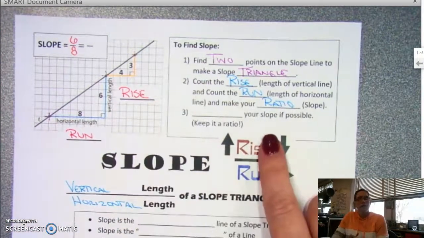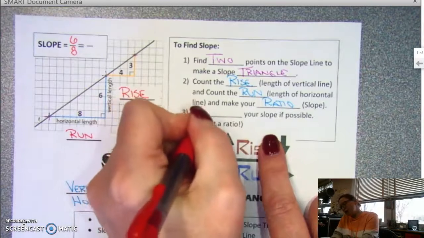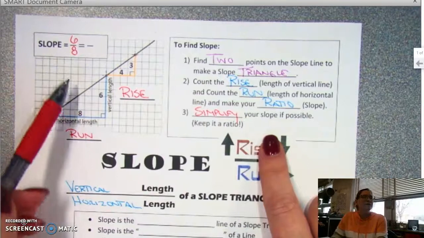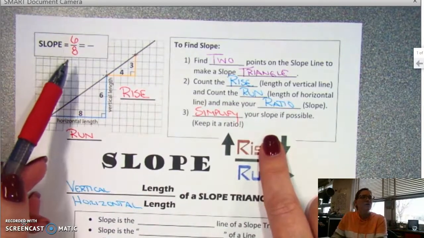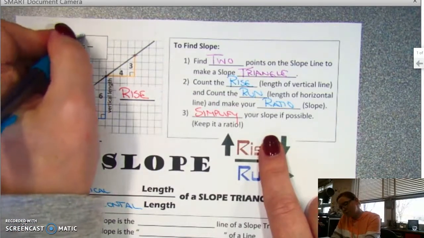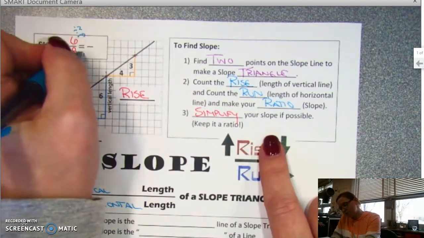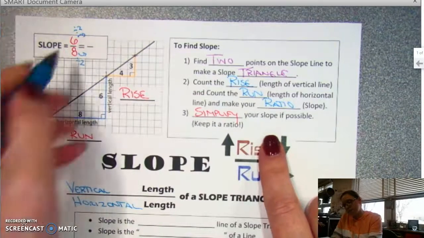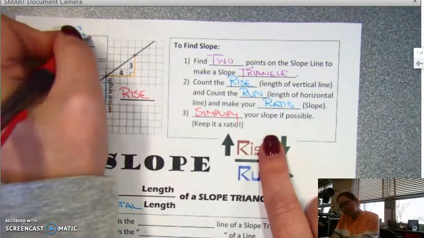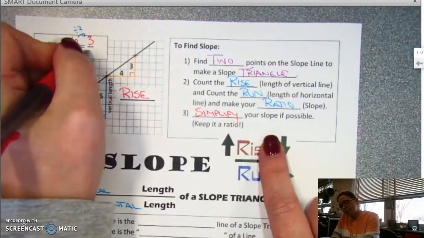And then the last part is to simplify your slope if possible. So I look at 6 and 8 and realize that these are both even numbers. So I should be able to divide both of these by 2. So 6 divided by 2 would give me a 3, and 8 divided by 2 would give me a 4.